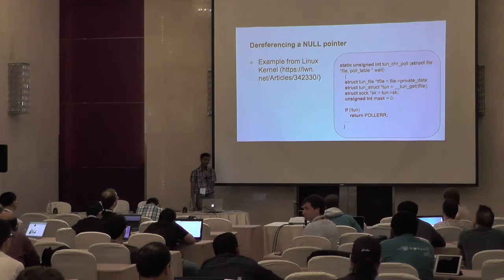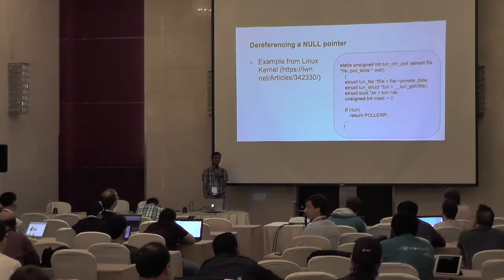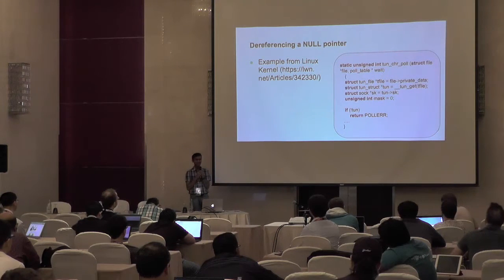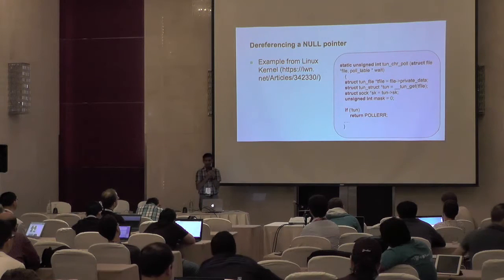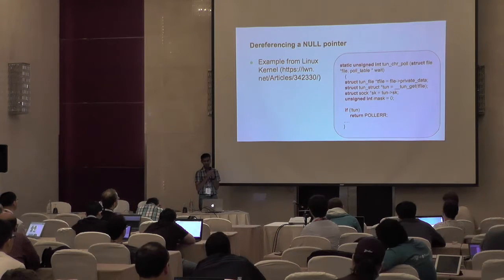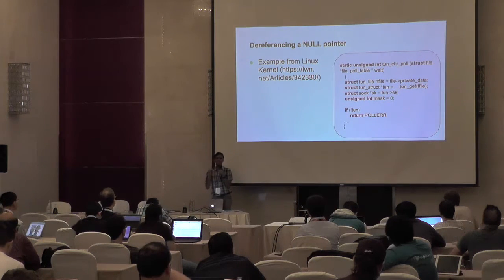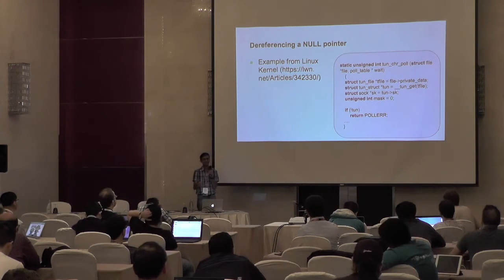Again, dereferencing a null pointer is undefined behavior. This piece of code came from the Linux kernel, where you get a struct pointer tun, and there was a check to see whether tun is null, and if it is null, they return an error. But during refactoring, a piece of code was added which was dereferencing the pointer.